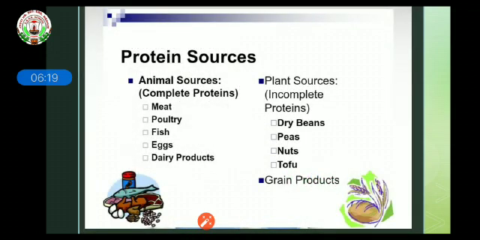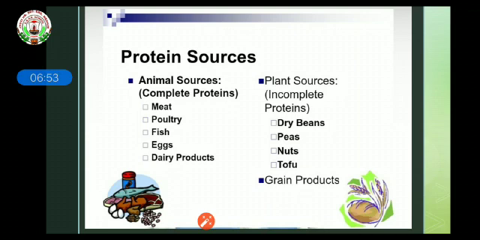Next, protein sources. There are basically two types of sources from which we are getting protein: animal sources and plant sources. We can also call it complete protein and incomplete protein. Complete protein means when we are taking this as a protein source, we will get all the 20 essential amino acids, and when we are taking the plant source as a protein, it is quite incomplete, meaning all 20 essential amino acids are not present except in soya beans.